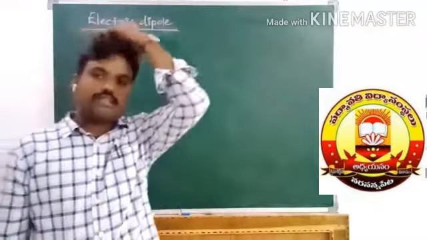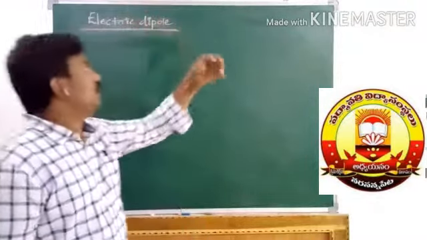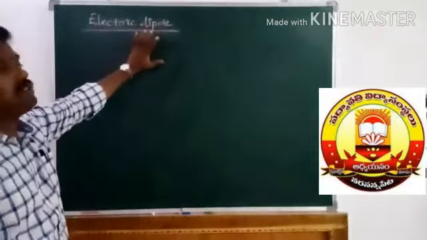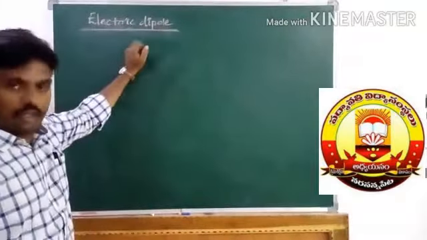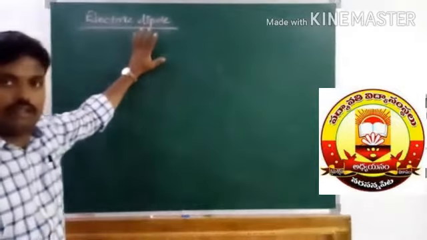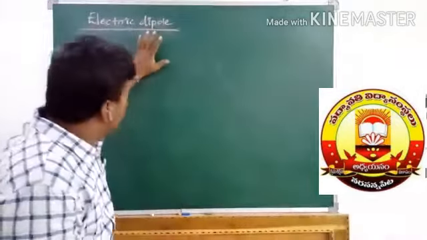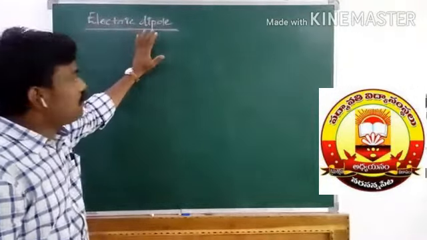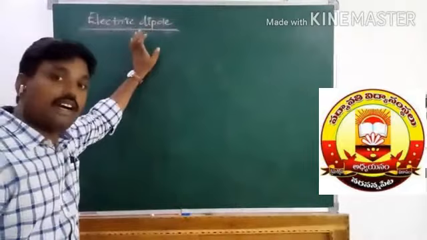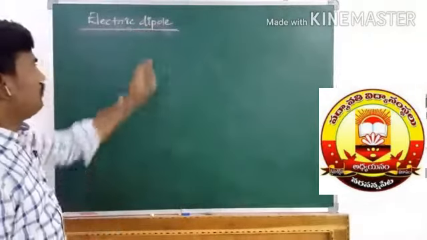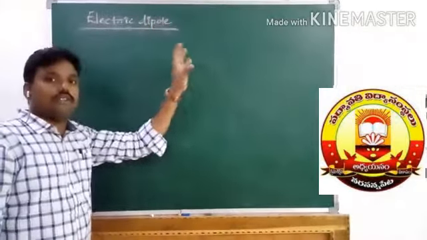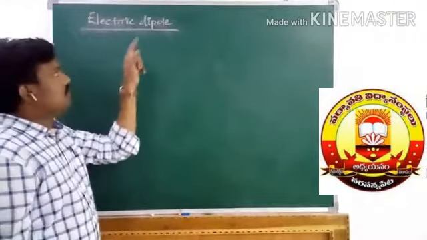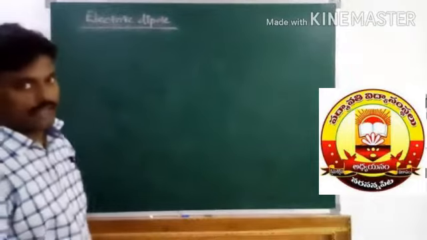So the next concept is the electric dipole. Dipole means two poles must be there, that is, different charges, same in magnitude but unlike. If two unlike charges with the same magnitude are separated by a finite distance, then it is said to be an electric dipole.